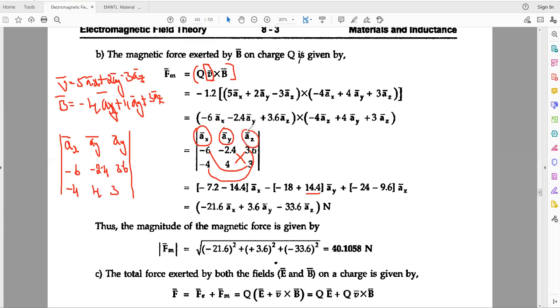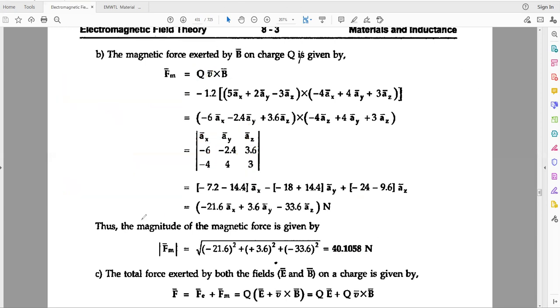And for az bar, you take minus 24 plus 4 into 2.4, that is 9.6. Finally we get Fm bar equal to Q into V bar cross B bar, where V is the velocity and B is the magnetic flux. Its magnitude we got is 40.1058.